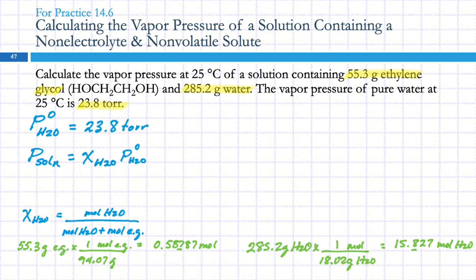So now we can plug those values in here. We want moles of water on the top, and we want the sum on the bottom, whoops. 15.827 plus 0.58787, and the moles cancel out.